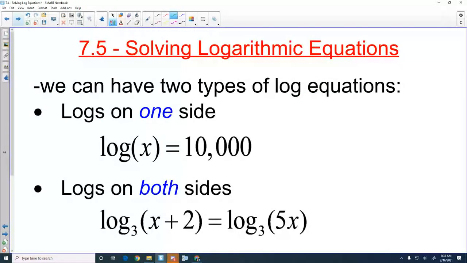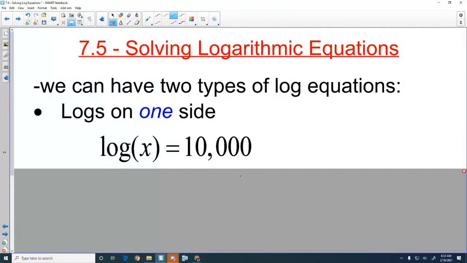So we're solving logarithmic equations. A logarithmic equation is an equation with the word log in it somewhere. Pretty straightforward. And we're going to have 2 different types of log equations. First, there's a type of equation where you have the word log on just one side of the equal sign.